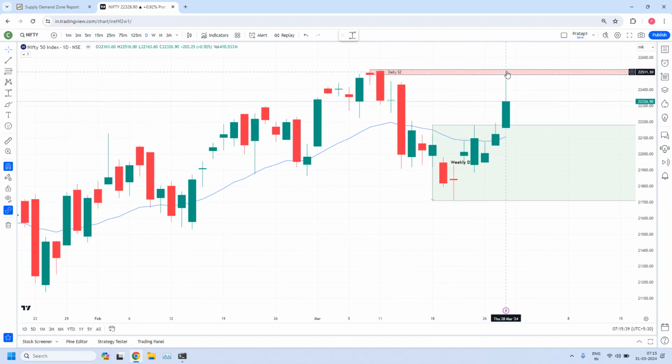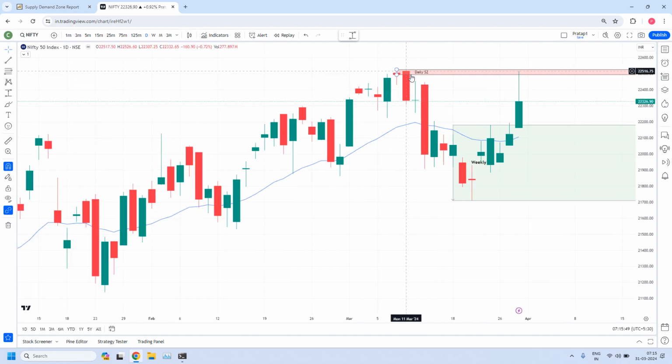See from this area how it got the rejection. And this is a high liquidity drop-base-drop. This is pierced. And here we had a 5-minute zone that acted as a bull trap and pushed the market down. That is what happened. But the bull trap was also slightly pierced last Friday, because such a strong order flow was there last week.